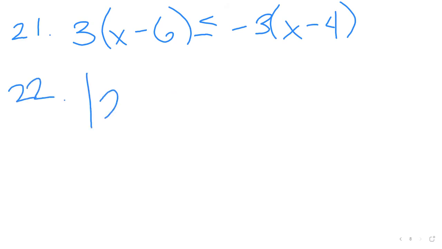One thing that we have not yet looked at is absolute value equations, like this. Absolute value of 2x plus 7 equals 9. How would we solve that?